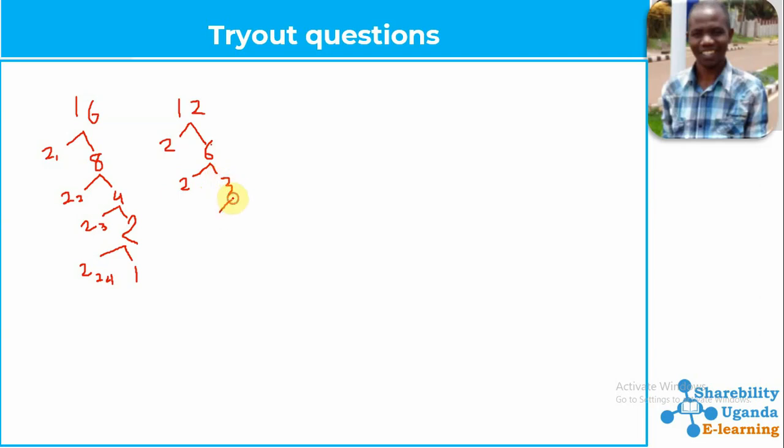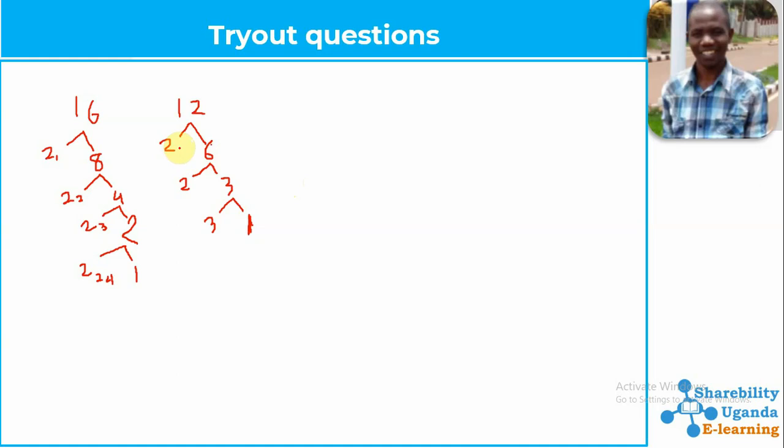Then we have our 3, but we can't divide the 3 by 2. So we look out for the lowest number that can divide the 3 and we get no remainder. We have our 3. So when you say 3 divided by 3, we get our answer 1.